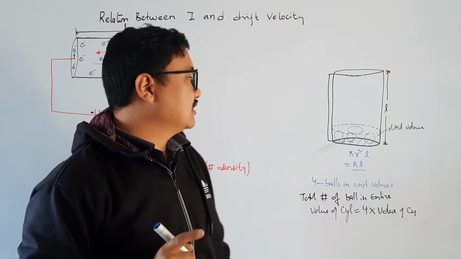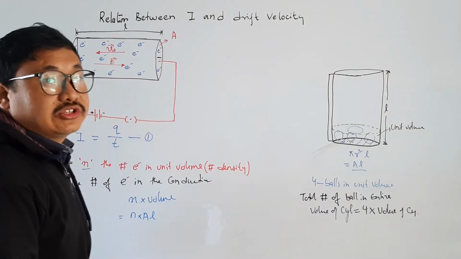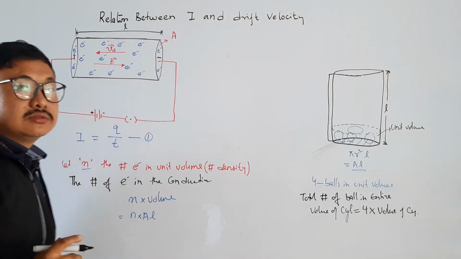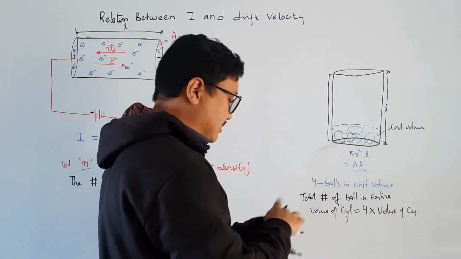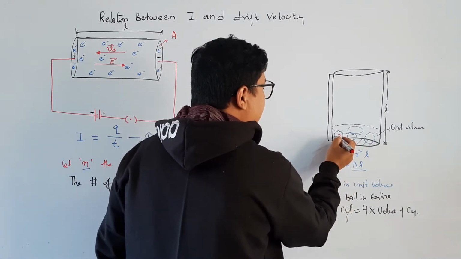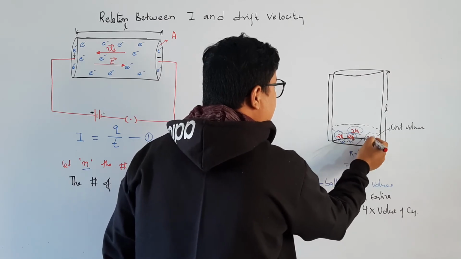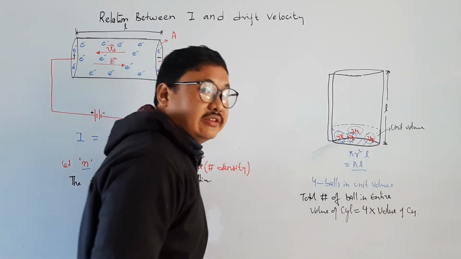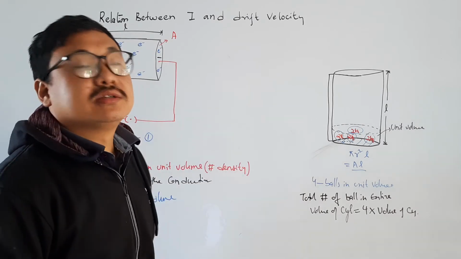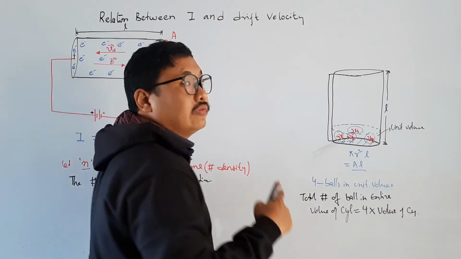Let us find the total charge present in this conductor. To find that, let us go to the example again. If the ball is 2 kg, how many kgs of balls are there? 2 kgs. Now, what is the weight of all the balls?